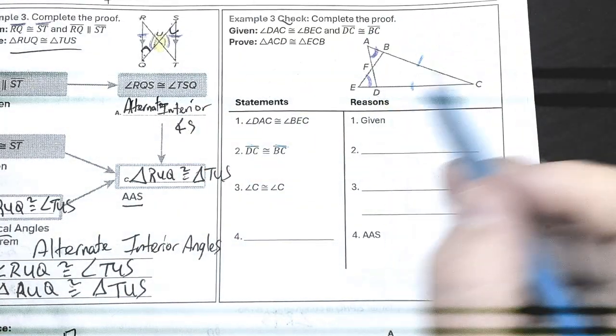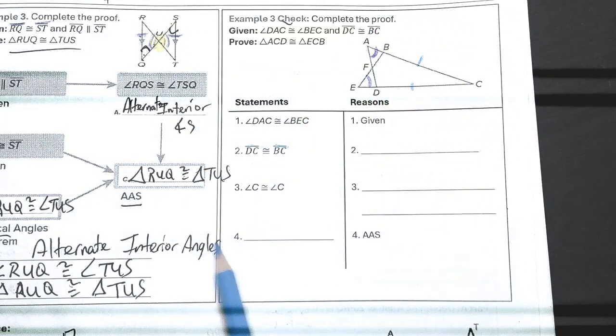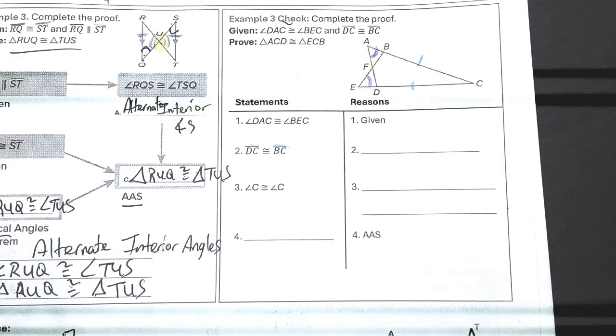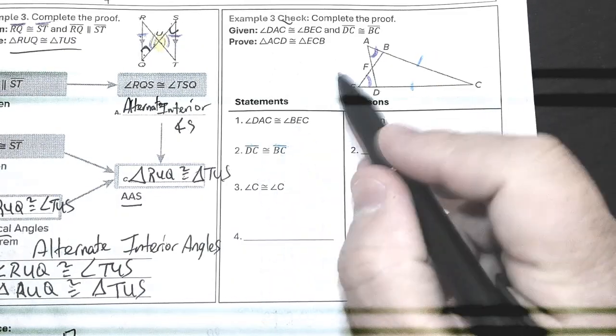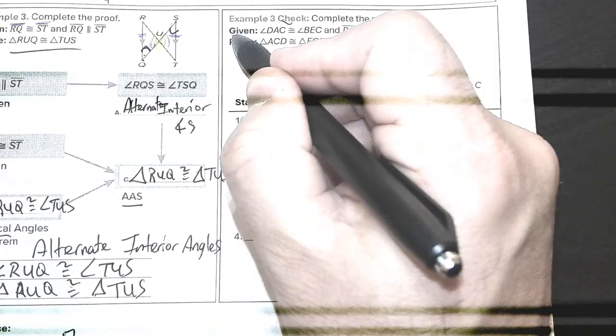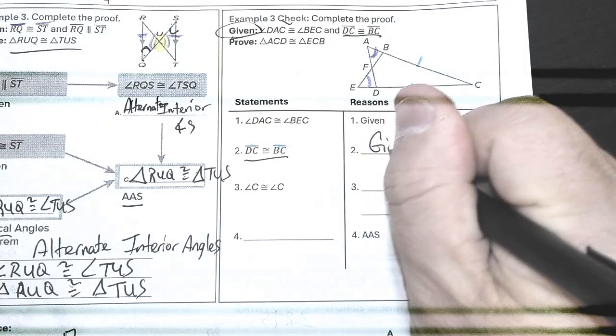All right, so you've got an angle and a side. Actually, we're going to go ahead and just work through it since we don't have the word bank. So this was up here, which was given. So we'll say given.